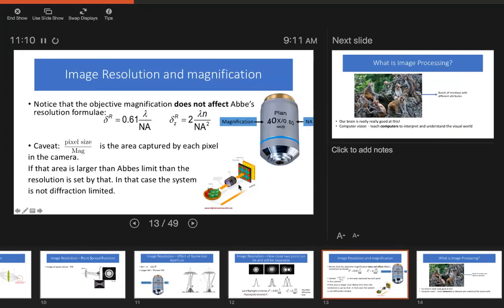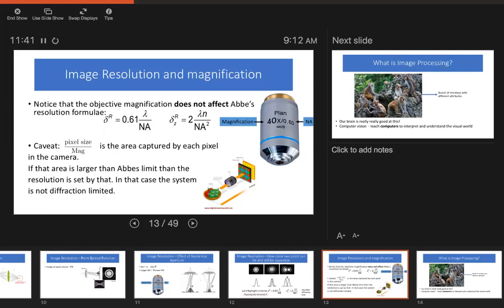And so if the size of our pixel mapped back to our image, so divided by our magnification, is larger than these numbers, then this is going to set our resolution, and we're going to just say that the system is just not diffraction limited, right? So the thing that's going to set the resolution for this image is not going to be optical diffraction. It's going to be just the physical size of the pixel and how much area they take up in image space.